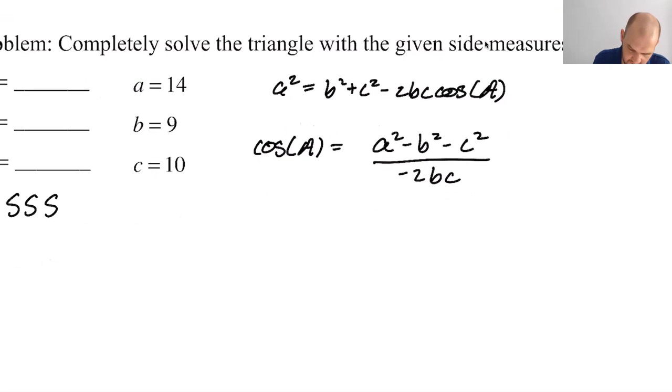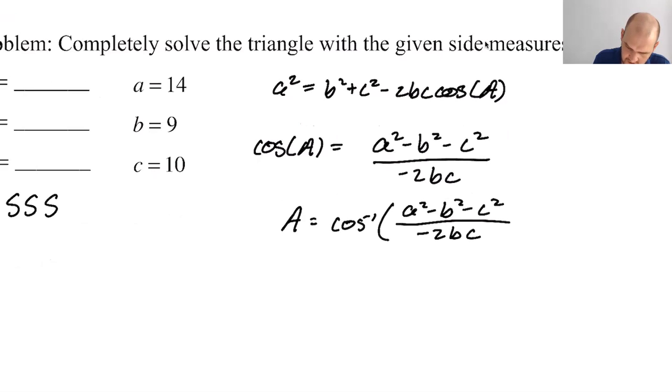And then I would do the inverse cosine. So A is the cosine inverse of a squared minus b squared minus c squared over negative 2bc.